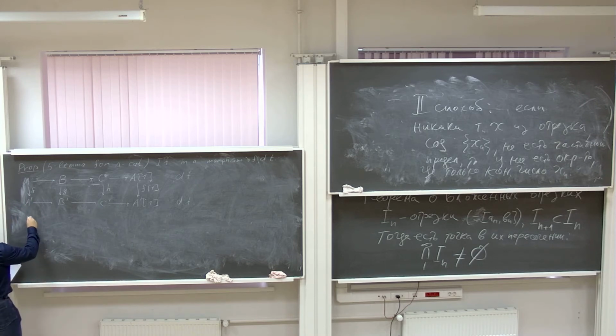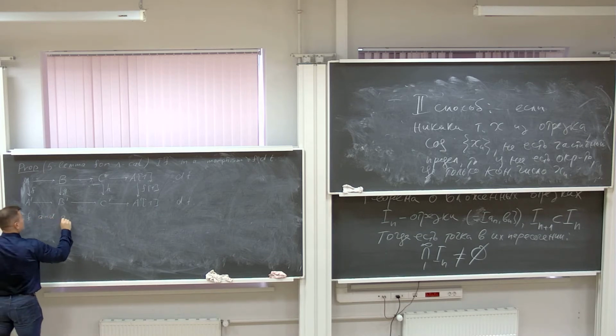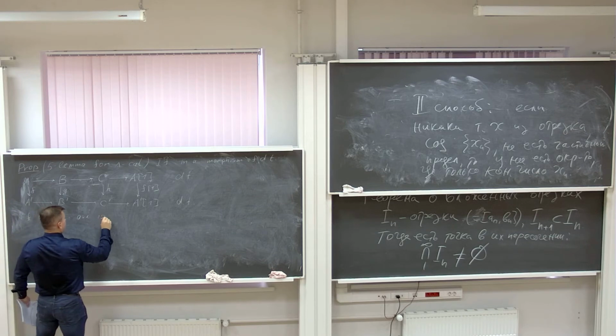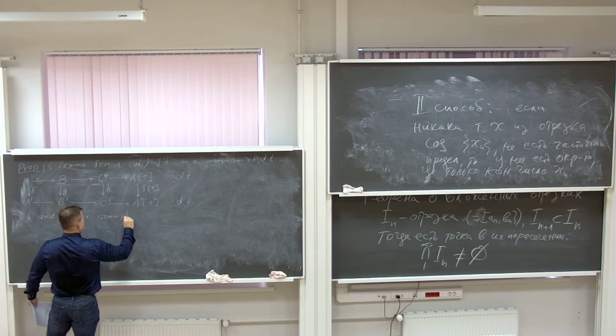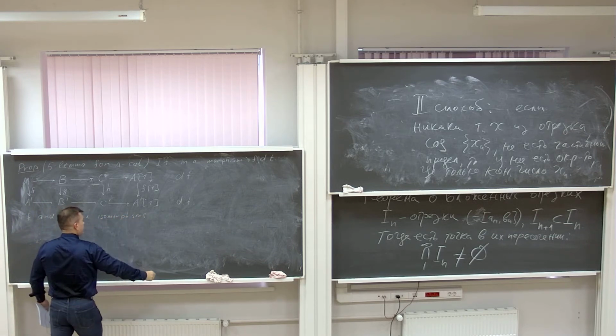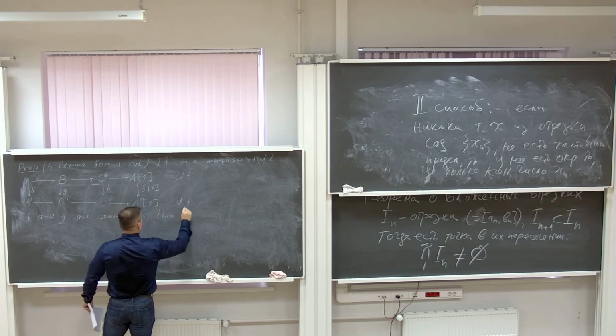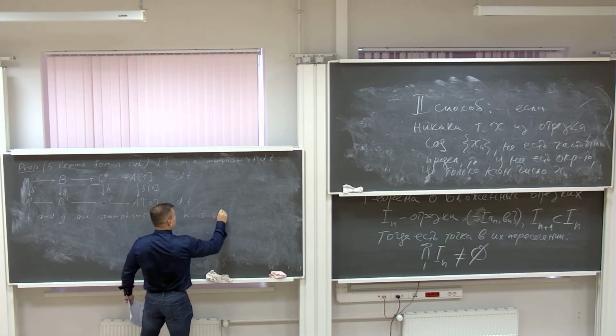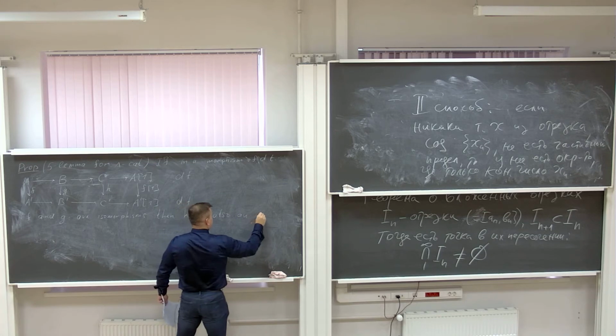So more specifically, I can say that if in a morphism F and G are isomorphisms, then H is also an isomorphism.